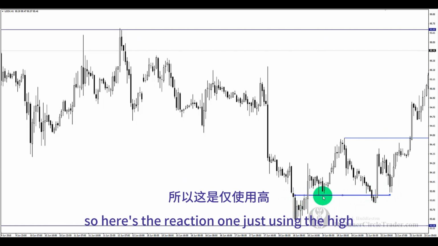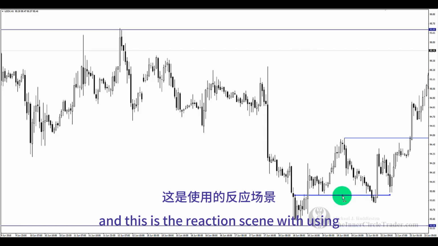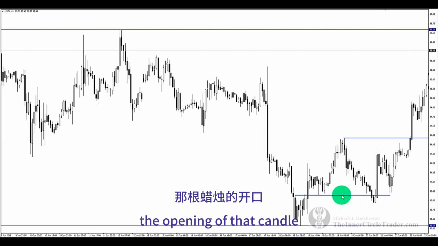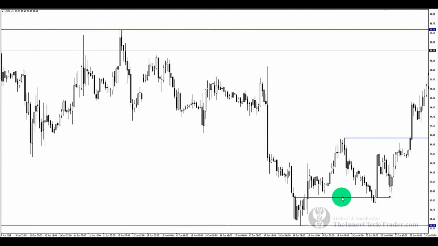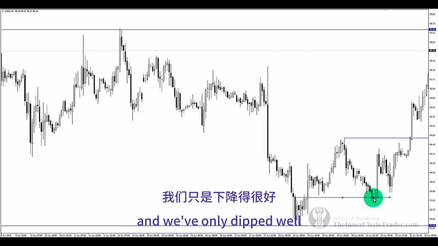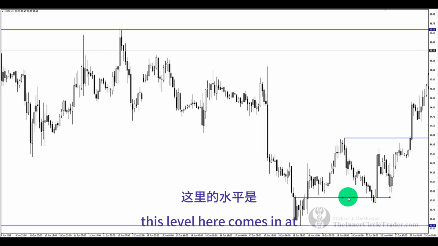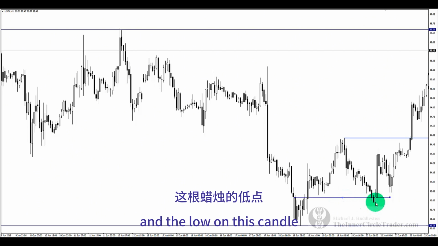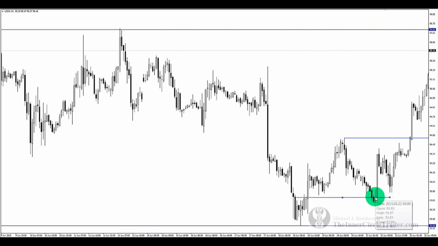So here's the reaction on just using the high, and this is the reaction seen with using the low, the opening of that candle right there. And this level here comes in at 93.88, and the low on this candle 93.83.